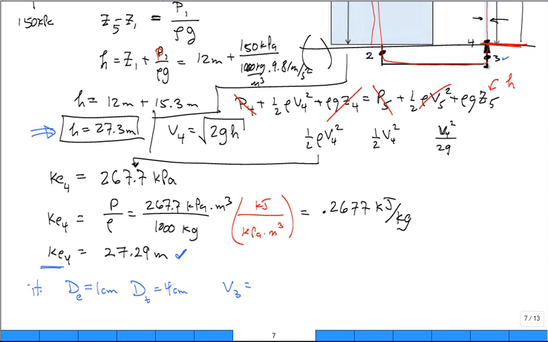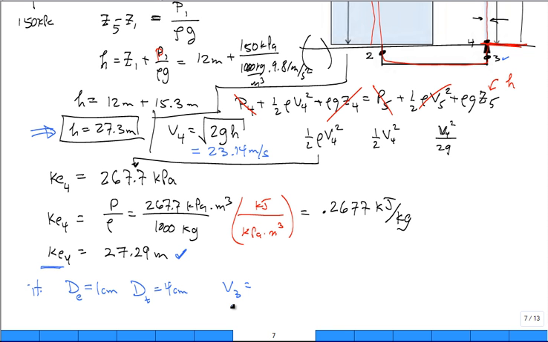See that? It's just our nozzle. We already analyzed the nozzle. We already know V4. What was V4? It's the square root of 2gH. Did I give a numeric value for V4? It's 23.14 meters per second.